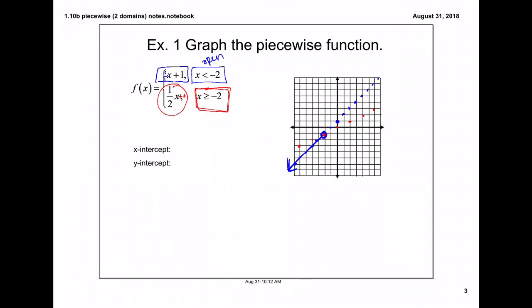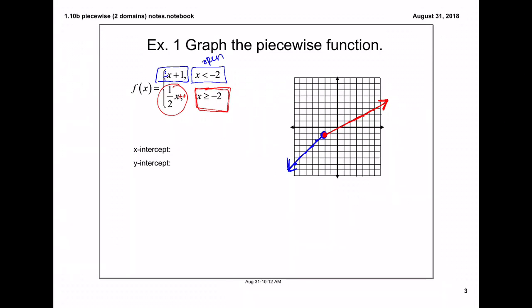So find negative 2 on your x-axis, you're going to put a solid circle, and all of the dots greater than or equal to negative 2 are to the right. You then want to get your eraser and erase all the pieces of the lines that we did not use. So you just graphed a piecewise function on your coordinate plane.